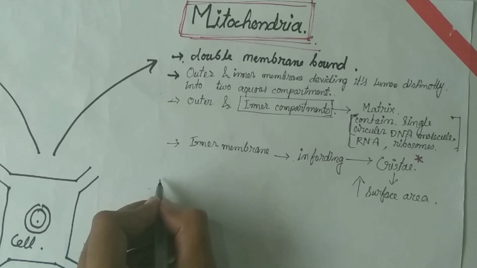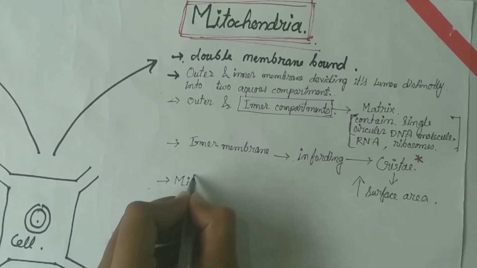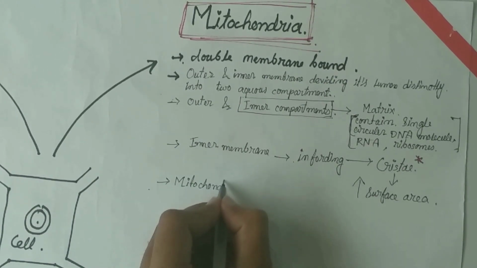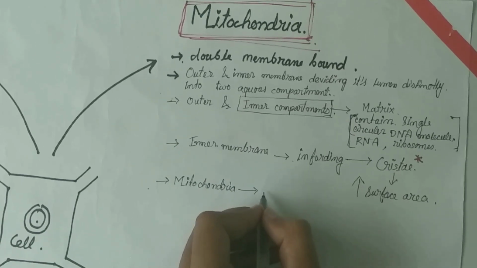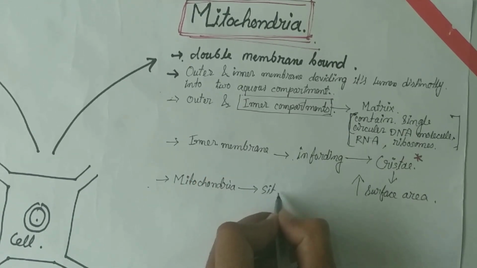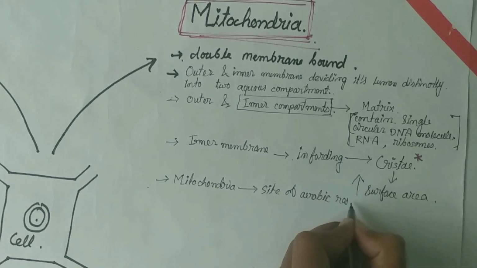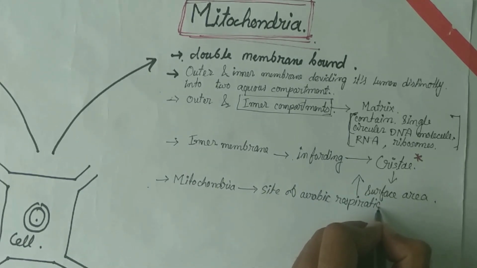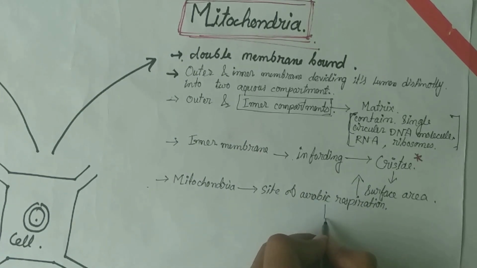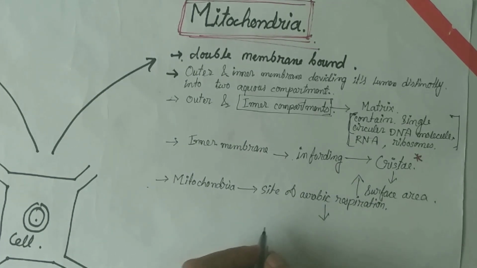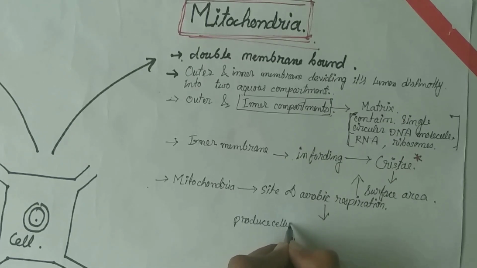The two membranes have their own specific enzymes associated with mitochondrial function. Mitochondria is the site of aerobic respiration. They produce cellular energy in the form of ATP.